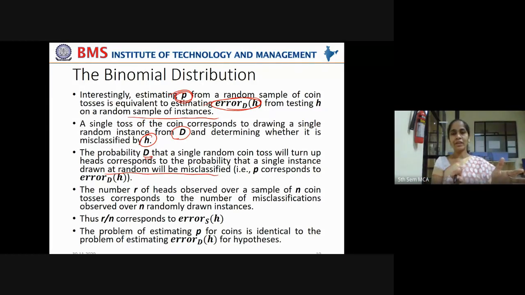In the coin toss experiment, you take R as the number of heads, and you look at the probability of observing R heads out of n coin tosses. Now come to this scenario. We take a new instance from the population and see whether your machine learning model predicts that new instance correctly or not.